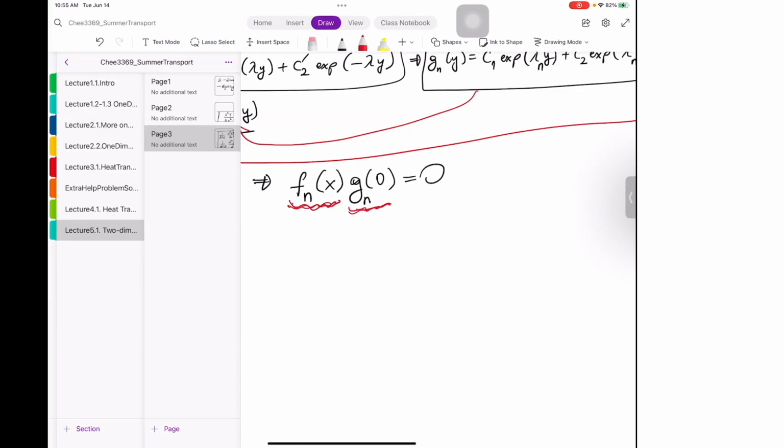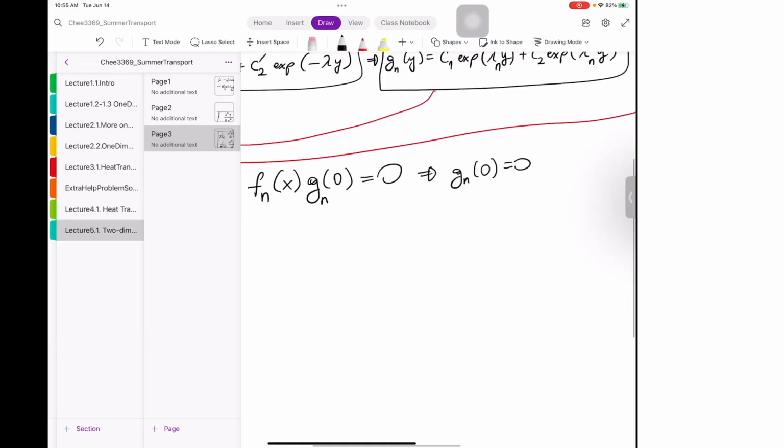But this is a function of x. If this is 0, then actually I'm going to have a trivial solution, and it's not going to make sense. And you're going to see that it's not going to satisfy my general boundary conditions. Okay, so I should have g_n(0) = 0. What does it mean?